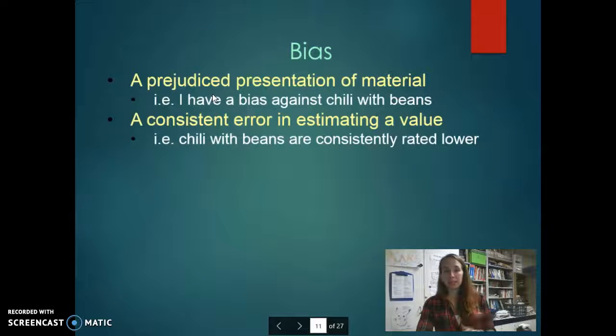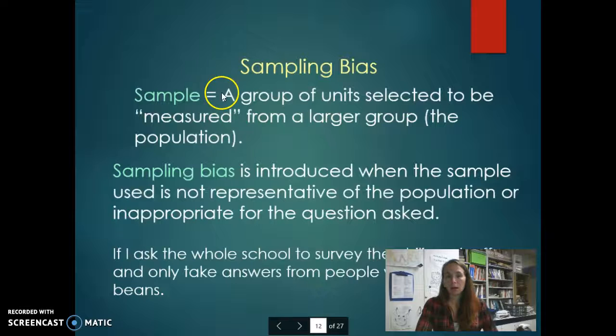You are biased against any chili with beans. So you, as a person who does not like beans, would have a bias against any chili with beans. And going along with that, any of the chilies that have beans would be consistently rated lower.